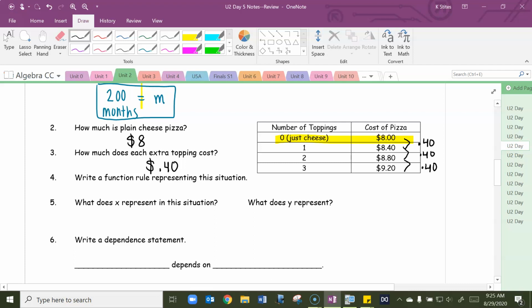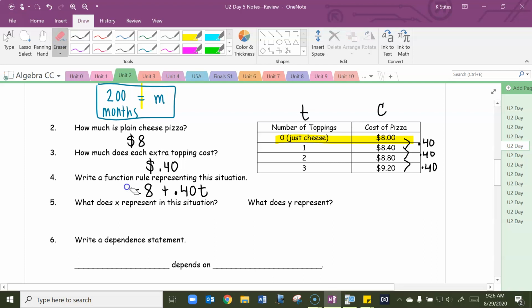So this is actually going to help us write a function rule. Let's do T for toppings and C for cost. And I'm going to say C equals $8 for the plain plus 0.40 per topping. And this actually asks us, what does X represent in this situation?